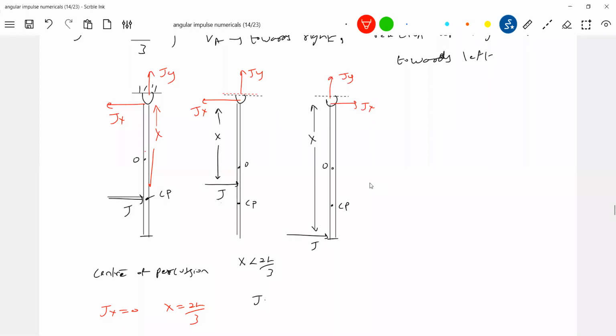The center of percussion is at a distance of 2L by 3 for the rod. So now you can suspend any rigid body, triangular plate, circular disc, semicircular plate, cone, and find out the center of percussion, if you're really interested.